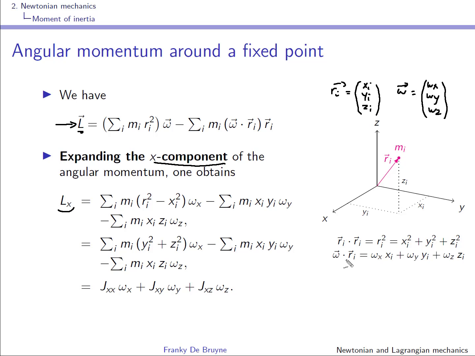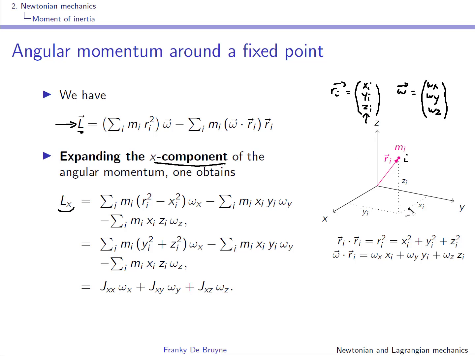So I've made a drawing. You have your mass m_i, the mass of element or particle i. It has a position vector r_i with coordinates x_i, y_i, and z_i.